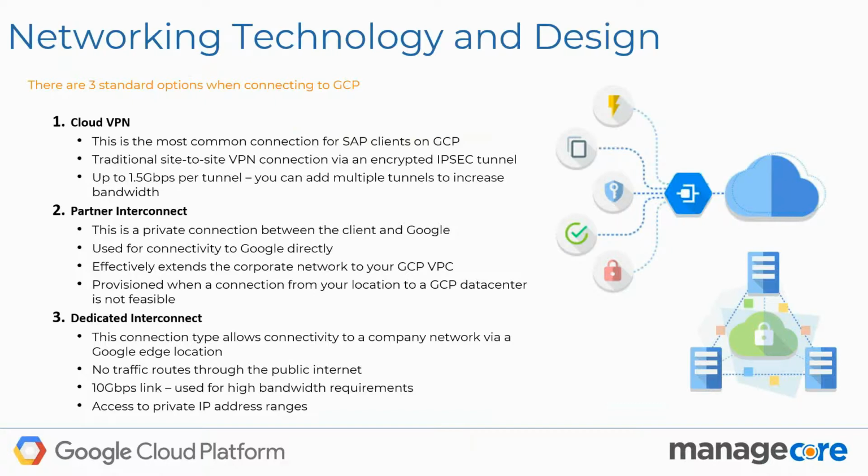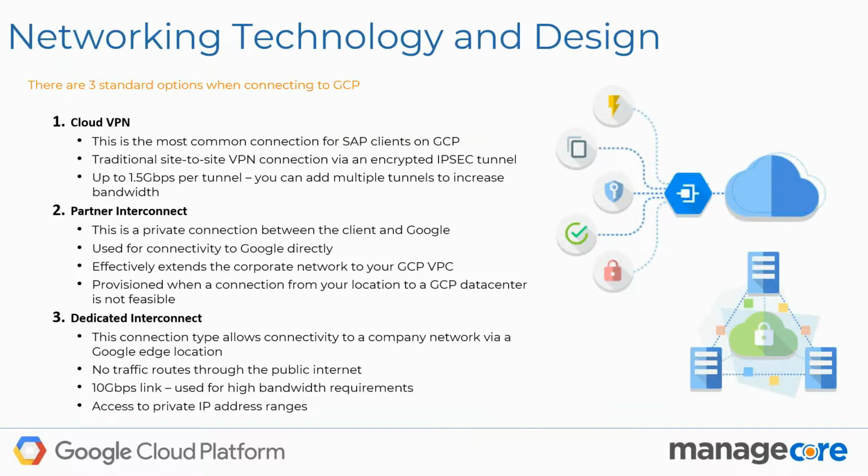Again, it's highly carrier dependent, and those are the conversations that need to be started early with your carriers to make sure that by the time you go live, you have that partner interconnect in place and tested. At that time, generally cloud VPN solutions at go live are used as backup connections. Should your partner interconnect go down, you always have your VPN tunnel as a backup solution.